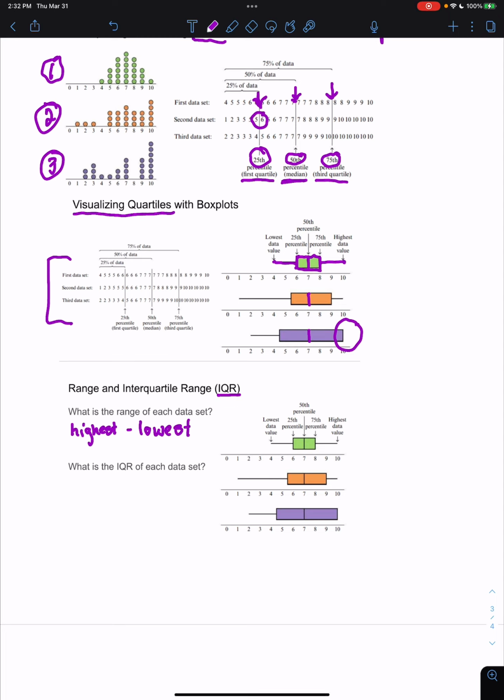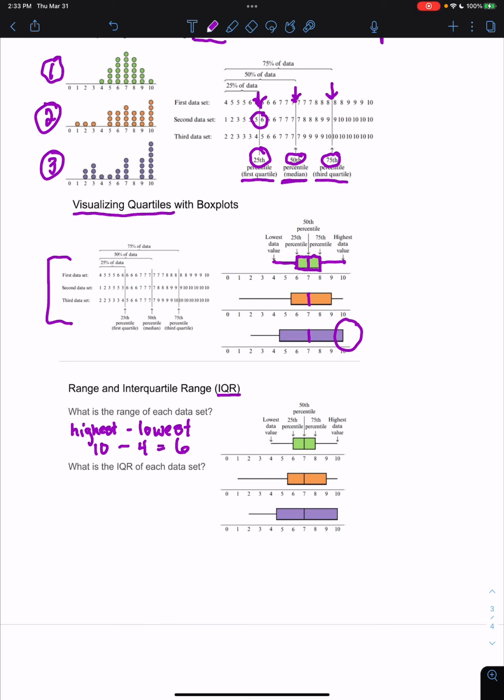And that will give us our range. So for the first data set, our highest value is 10. And our lowest value is 4. So our range is 6. And our range is always going to be a positive number. So if you forget and flip them and get a negative number, just take the absolute value of it and make it a positive number.